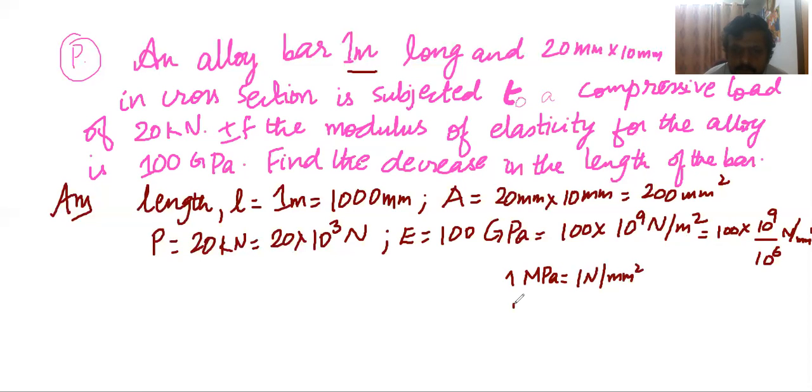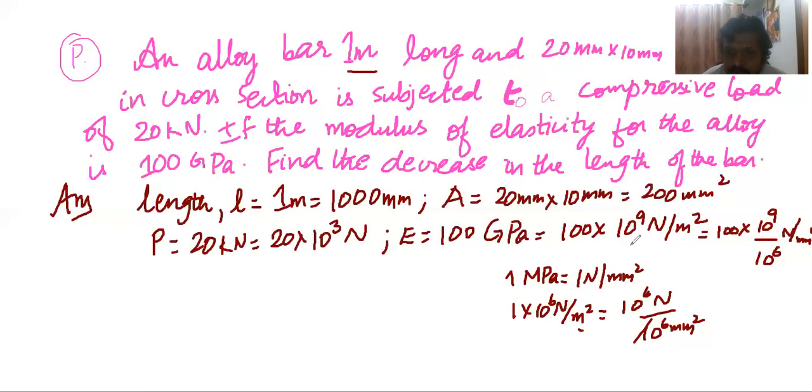How it is, I'll tell you. 1 into 10 power 6 Newton per meter square. So that is actually 10 power 6 Newton per 1 meter is 1000 mm. 1000 into 1000 is 10 power 6 mm square. So directly I wrote, it will get cancelled. So 1 MPa is 1 Newton per mm square.